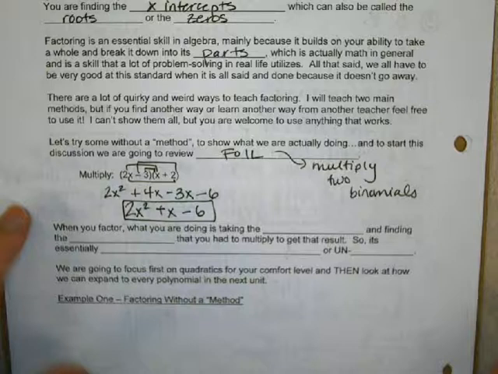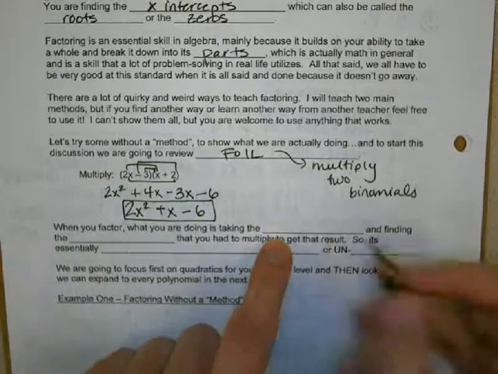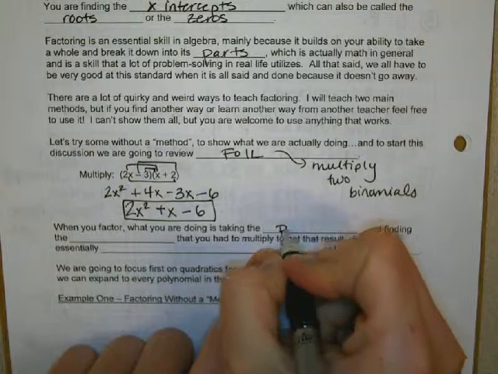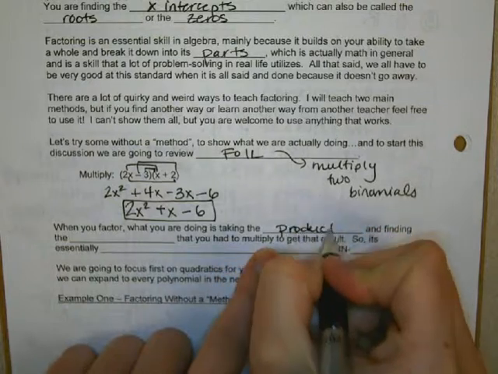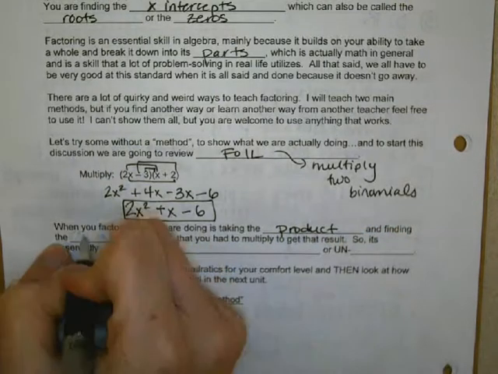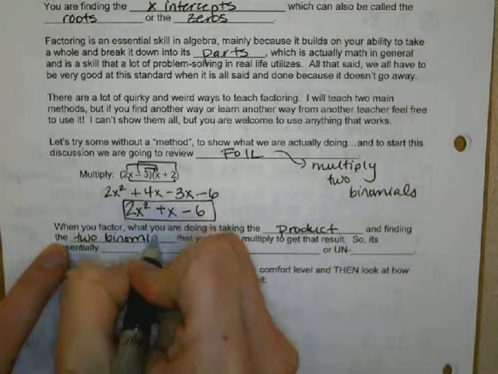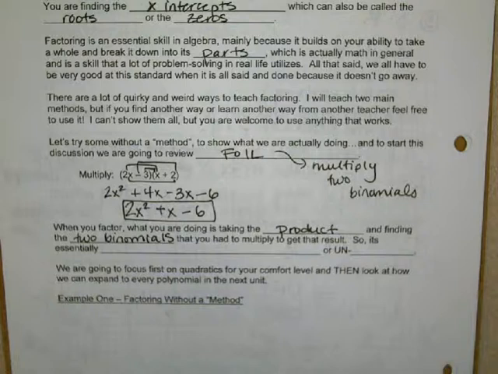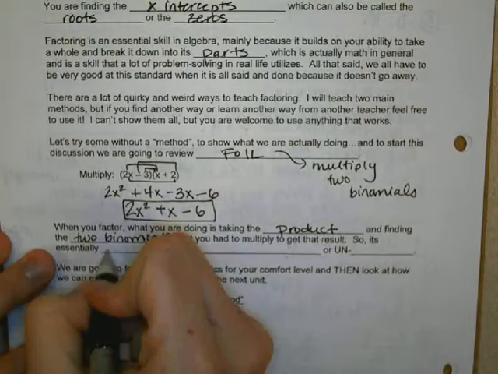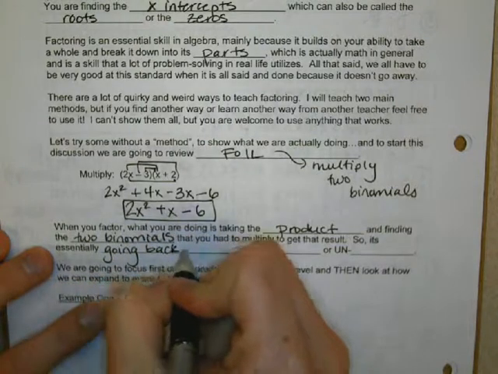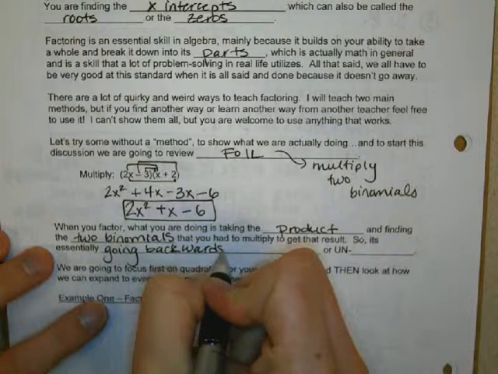When you factor, what you're doing is taking the product and finding the two binomials that you had to multiply to get that result. So it's essentially going backwards, or unfoiling.